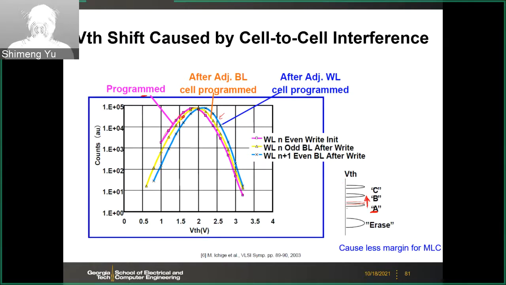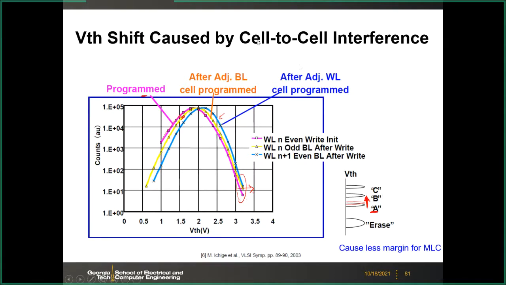As we discussed before, TLC only has hundreds of millivolts of margin between the levels. So this kind of cell-to-cell coupling will introduce a lot of errors, especially as the tail will shift up. Therefore, you may create many errors in the flash array.